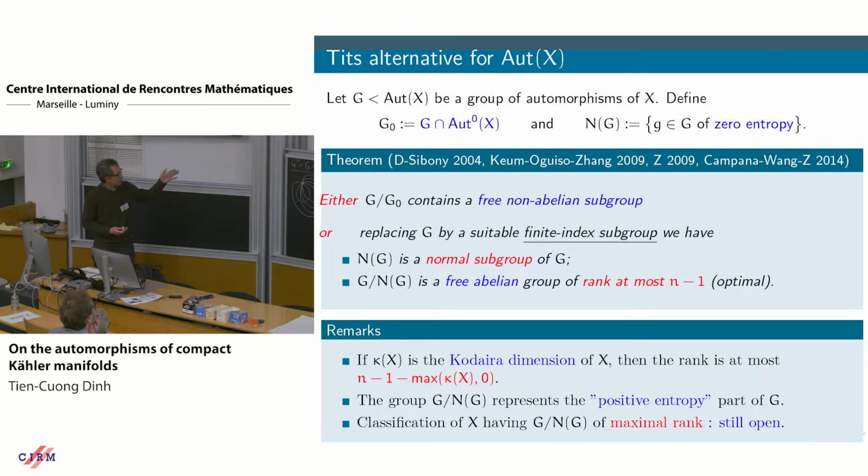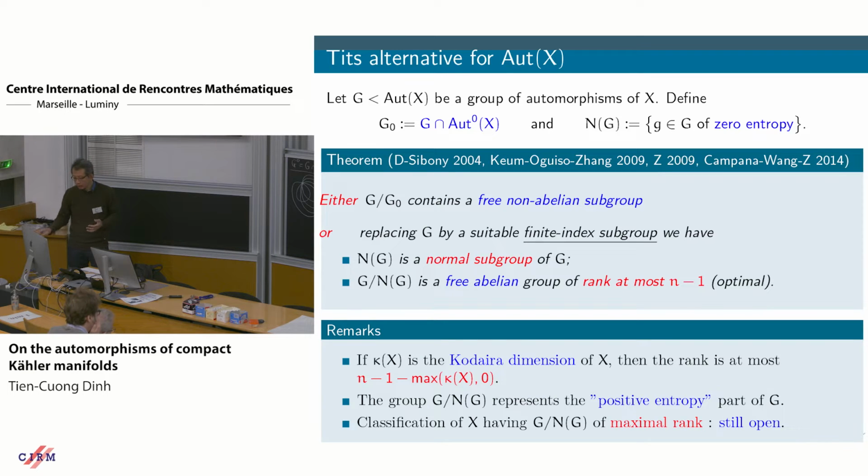So G divided by Z0 is a group also. Okay, and you denote by NG the set of elements of 0 entropy. In general, this is not a subgroup, because when you compose 0 entropy automorphisms, you can get a positive entropy automorphism.